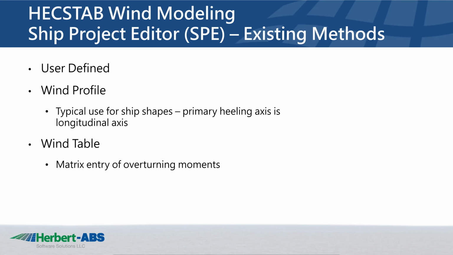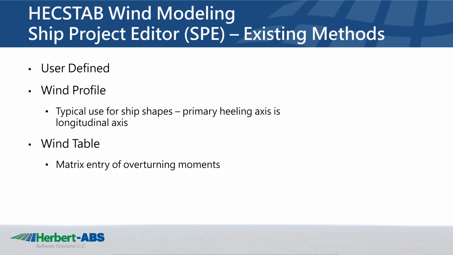So to give a brief look at some of our existing methods in terms of wind modeling and analysis, there are three prior methods of doing this. First is, of course, the simple wind-defined method or user-defined method for just defining a wind moment.